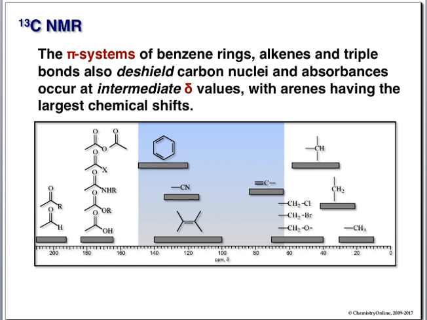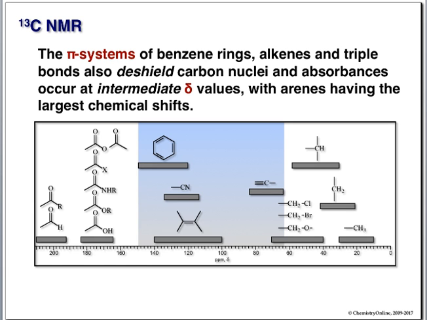The carbon of a nitrile is fairly highly shifted. It'll be down here in the 130s or so. Simple double bonds, depending on what's attached to the double bond, anywhere from 100 up to 140. Triple bond of an alkyne isn't shifted very much. It's around 70 to 80, something in there.